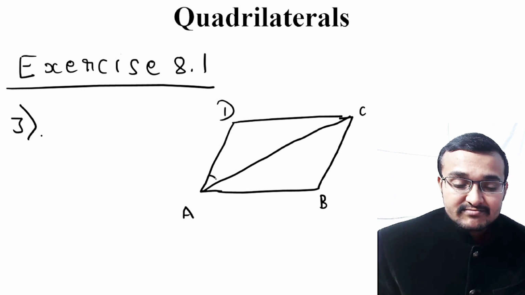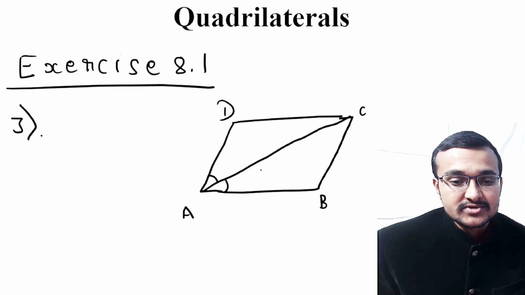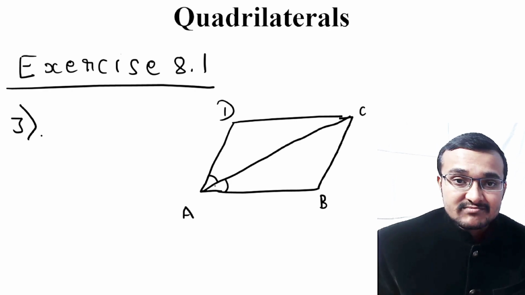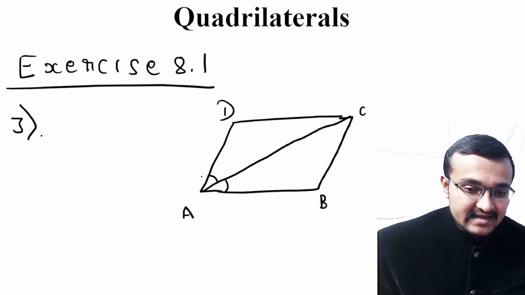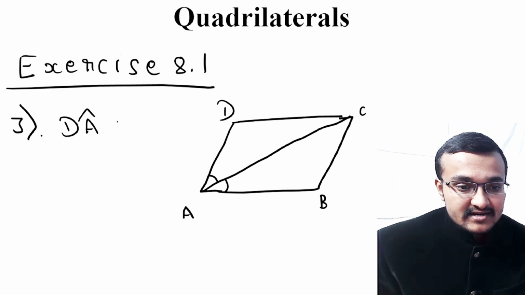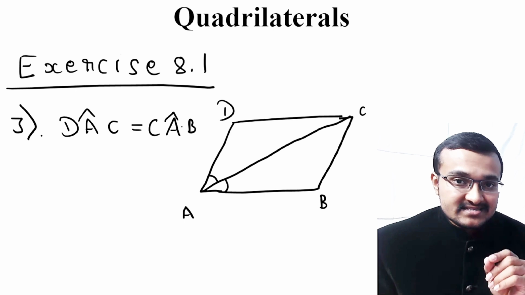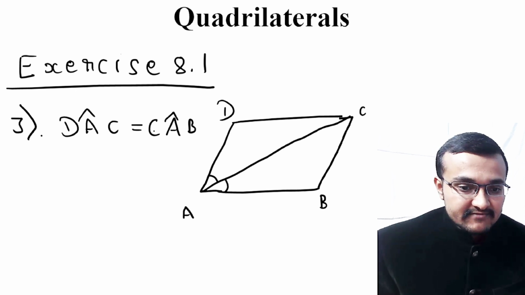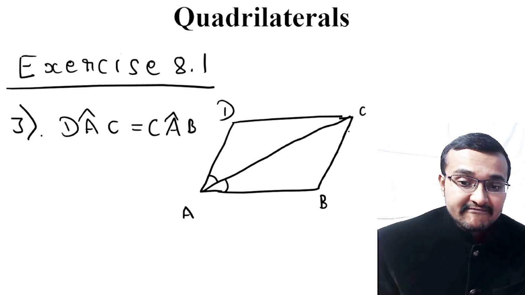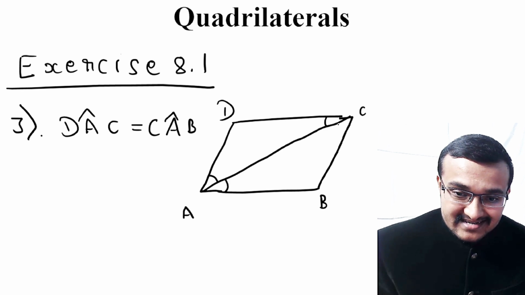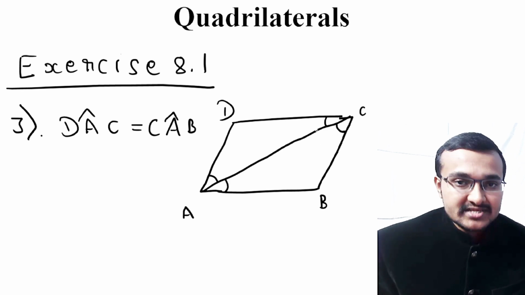They have already mentioned in the question that this particular angle and this particular angle are equal to each other because this line bisects angle A. So the data they have given here is that angle DAC is equal to angle CAB. Now you have to prove that this particular angle and this particular angle are also equal to each other.